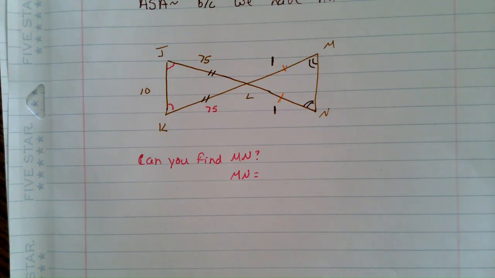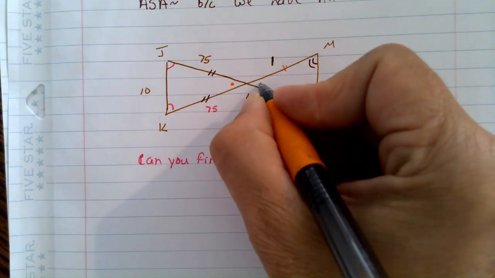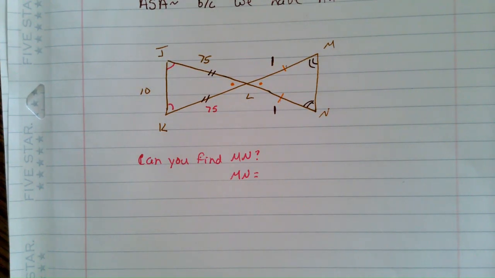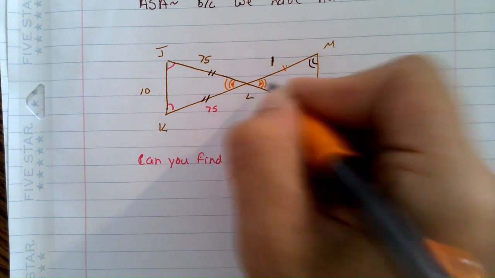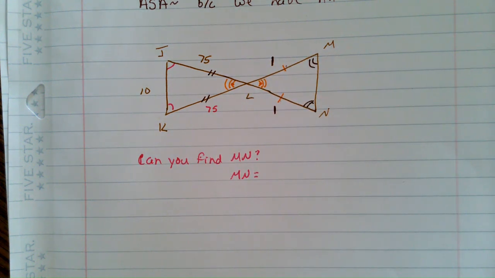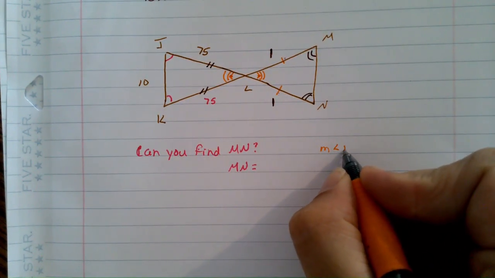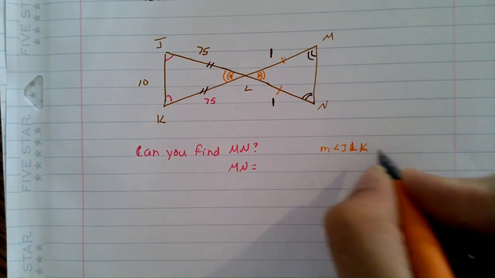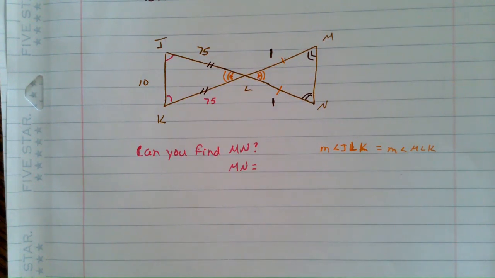Well, I happen to know that this angle and this angle are vertical angles, and vertical angles are congruent. Okay, so because the vertical angles are congruent, in other words, the measure of angle JKL or JL, okay, is equal to the measure of angle MLK or MLN.